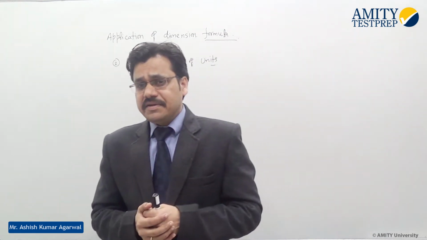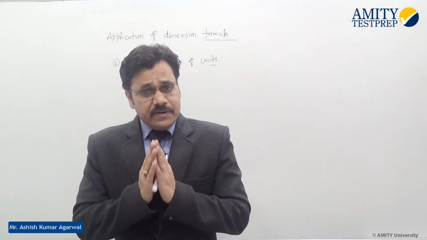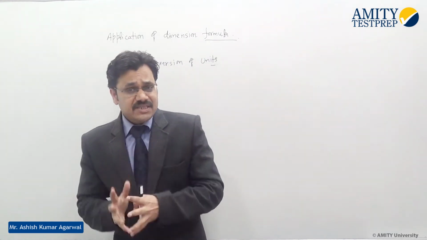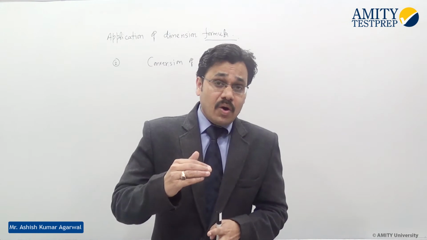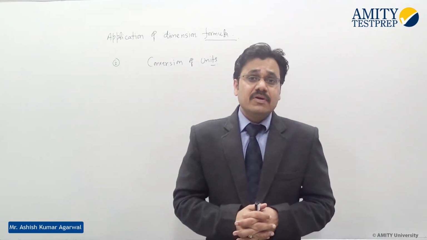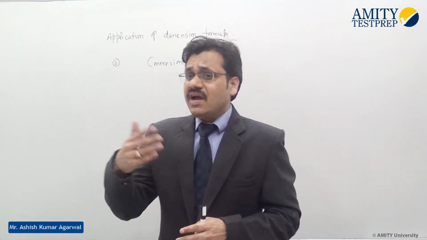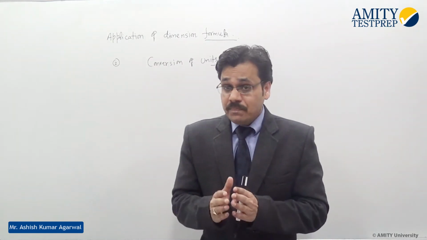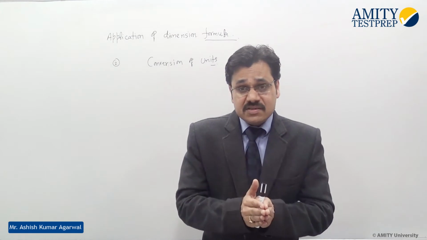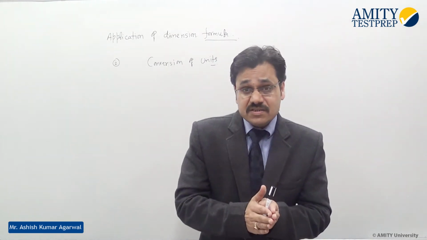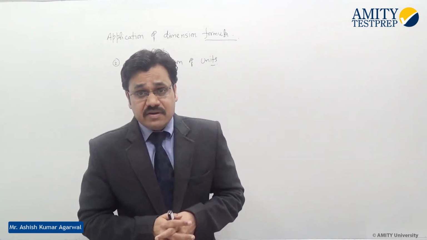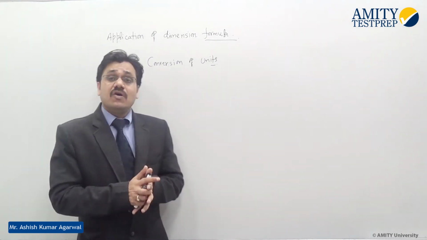If I consider different units for base quantities, all derived quantities have different units in different base systems. So how many units of one base system equal how many units of the second base system is defined in this conversion of units.